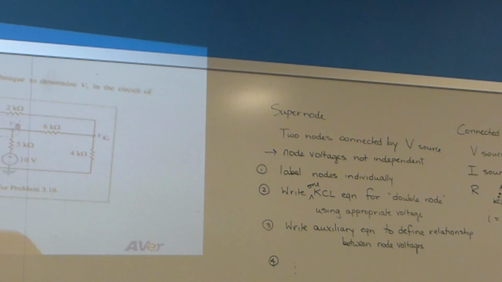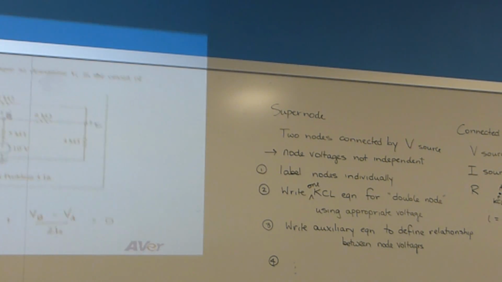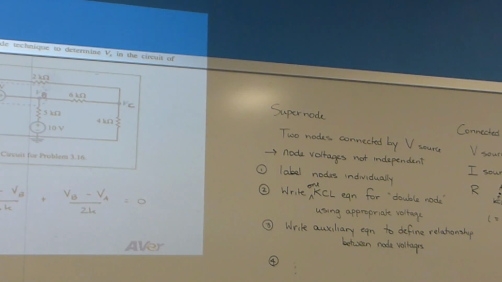All right, so we're going to have V sub C over 4K plus V sub C minus V sub B over 6K plus V sub B minus V sub A over 2K. That's nothing new.